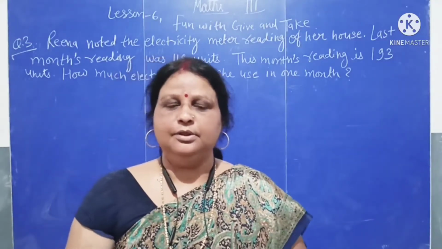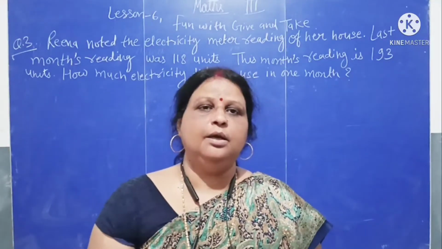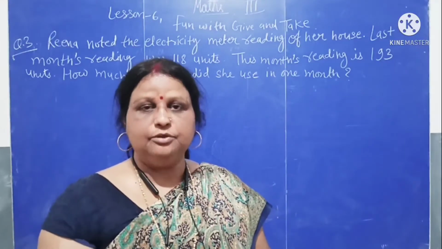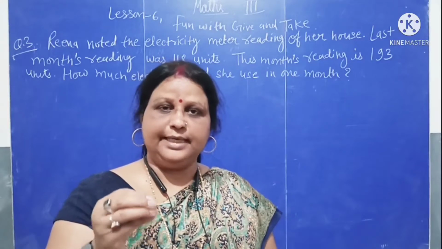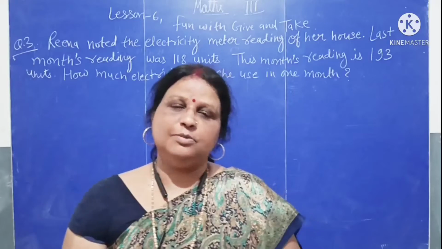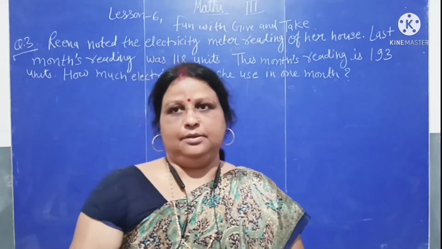Suppose you have 50 rupees. You give 20 rupees to your friend. It means 20 rupees gets reduced from your 50 rupees. So how much money do you have left?